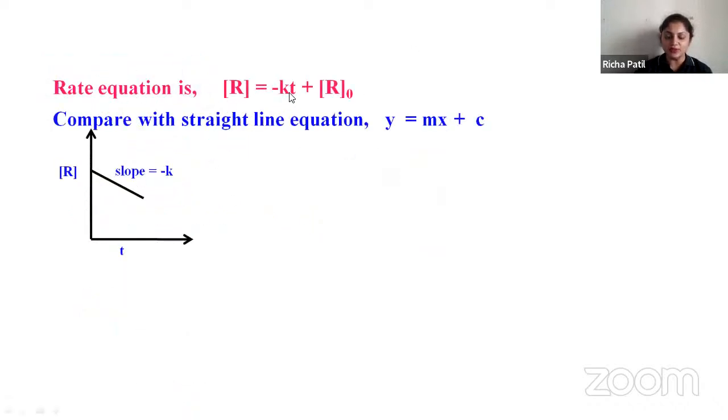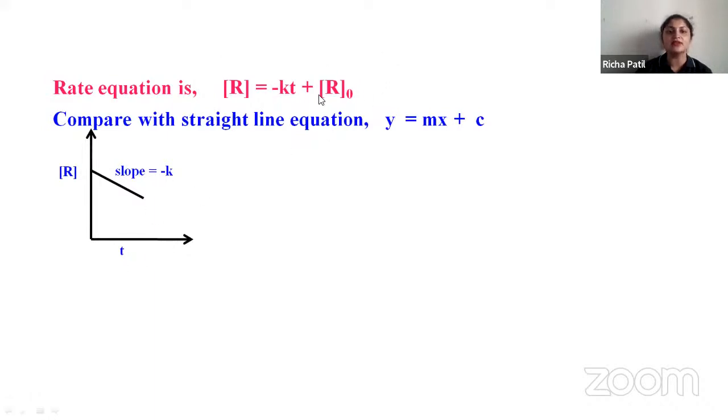The rate equation is concentration of R equals minus kt plus R naught. Compare with the straight line, y equals mx plus c, giving a slope of minus k.